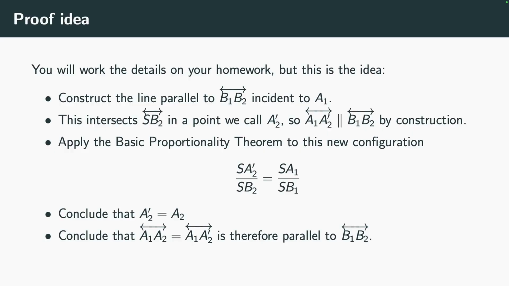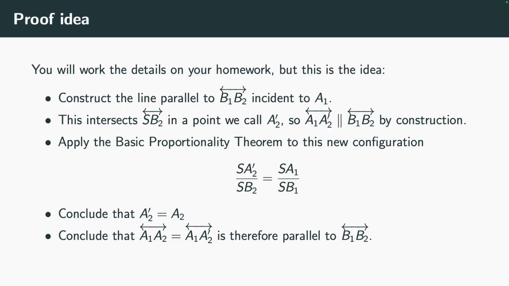You're going to write out these details on the homework assignment, but the basic idea is that you want to construct the line parallel to B1, B2, incident to A1. And this will intersect the line on the right in some point we call A2 prime. You can apply the basic proportionality theorem to that new configuration of points.